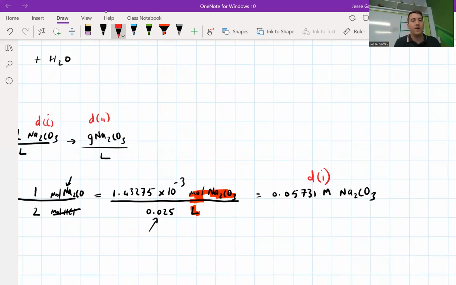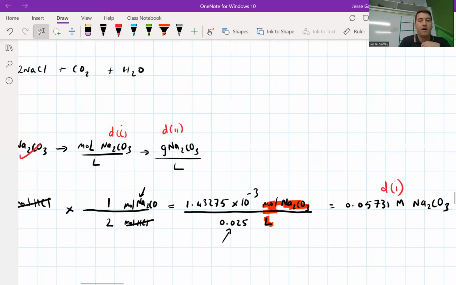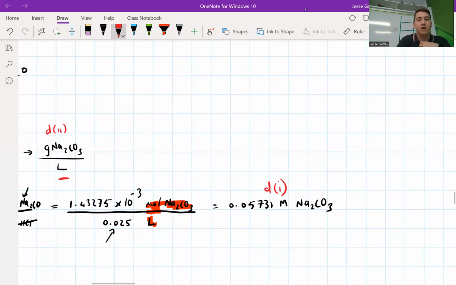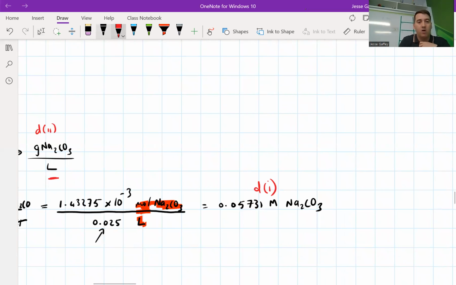All right, brilliant. Now for D part 2, we have to go to grams per liter of Na2CO3. Of course, we know, or hopefully everyone knows, that molar is the same as saying moles over 1 liter, moles per 1 liter. So all I did was change that. It's still molar. And I want to go to grams per liter.